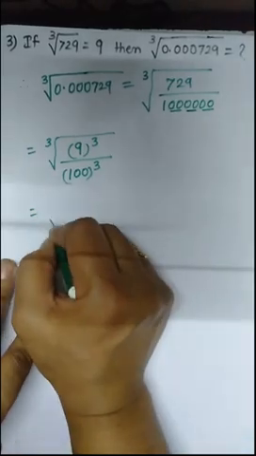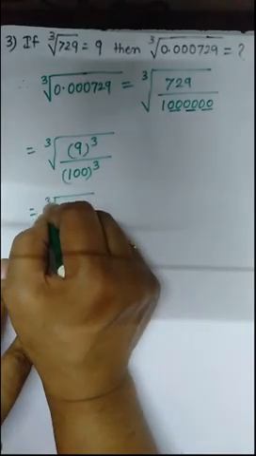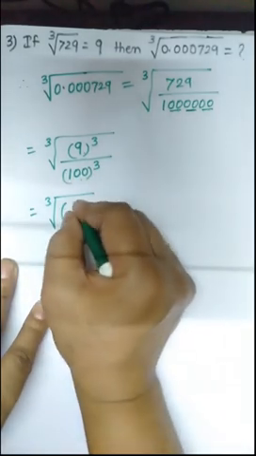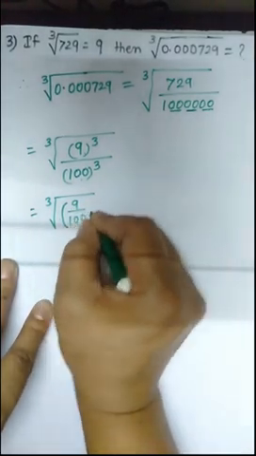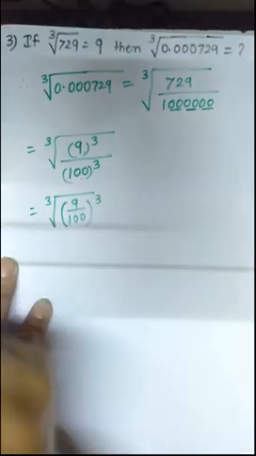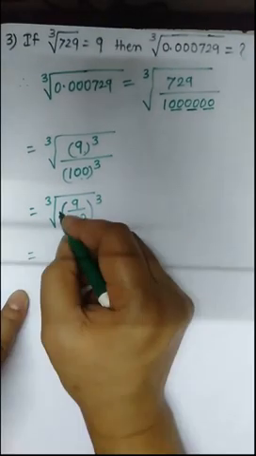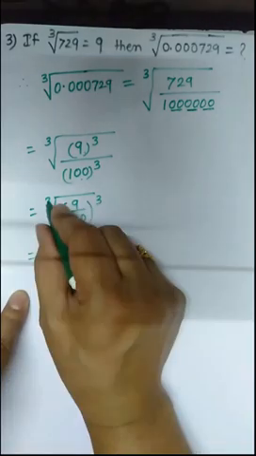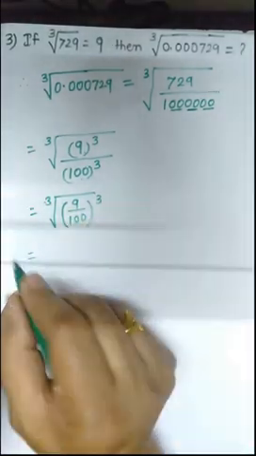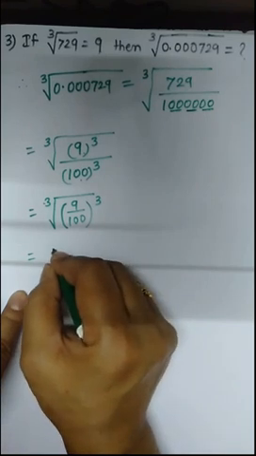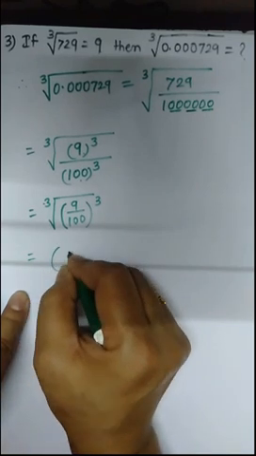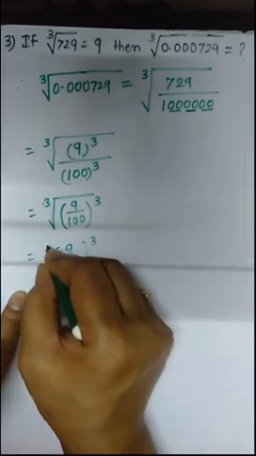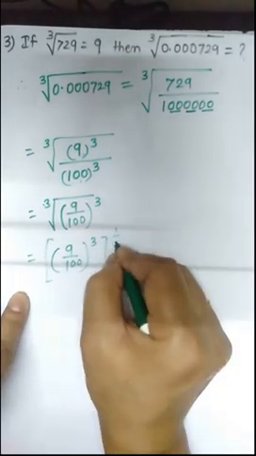So remove the cube root sign. Firstly we merge this rational number: 9 upon 100 raised to cube. We know that cube root of a perfect cube means we remove the cube root sign, correct? So 9 upon 100 cube raised to 1 upon 3.